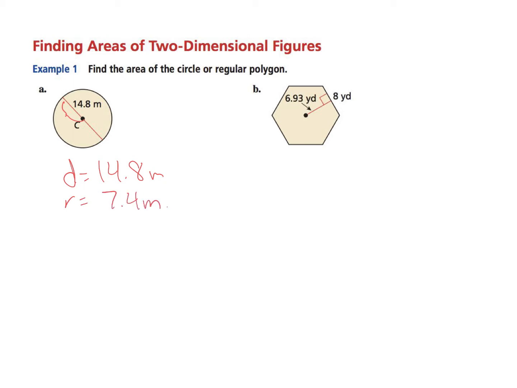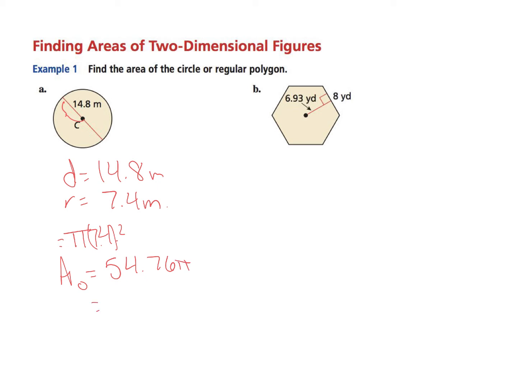And looking at the area formula for a circle, the area of a circle is pi r squared, which means that we are doing pi times 7.4 squared to find the area of our circle. The area of our circle comes out to be 54.76 pi.